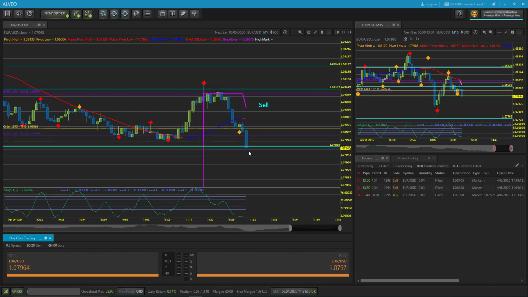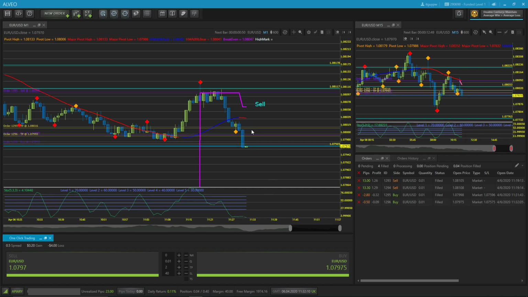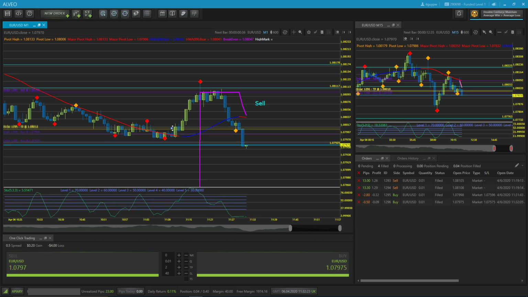Yep, see, now we're breaking to the downside. Now we still may get some push up here from that overall resistance line. So I'm just going to adjust these. Come on. Put them at the same spot here.